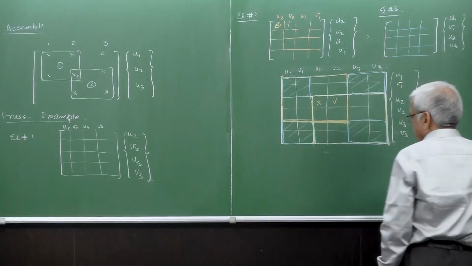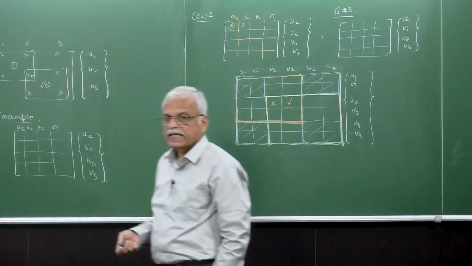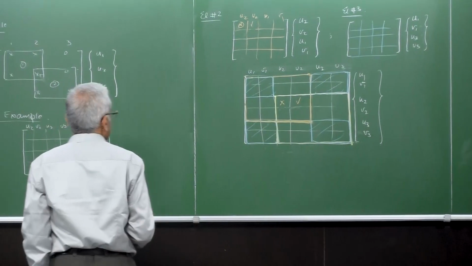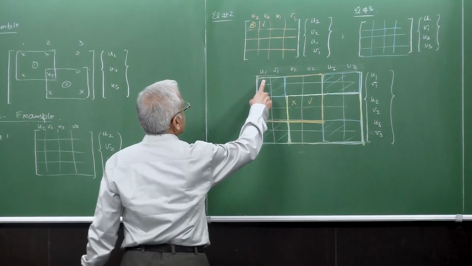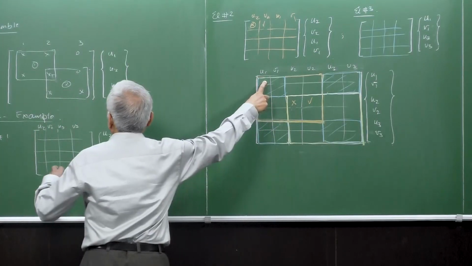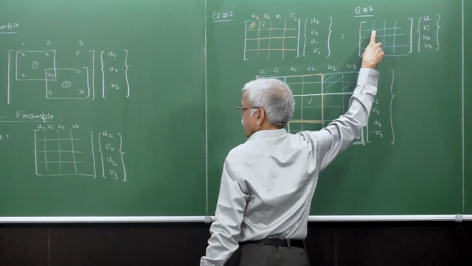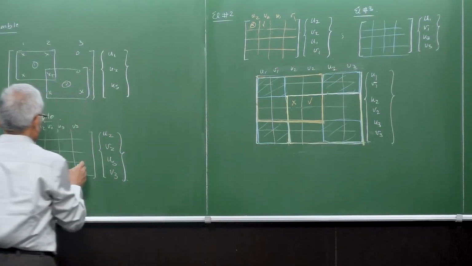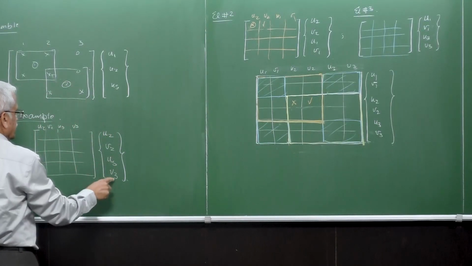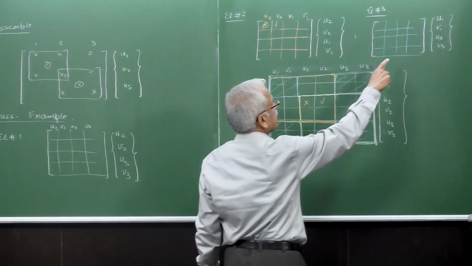And remember that they will add on to the earlier existing values. So they will not replace. For example, the U1, V1 here comes from element 3. And the U3, V3 here comes from element 1 as well as element 3.